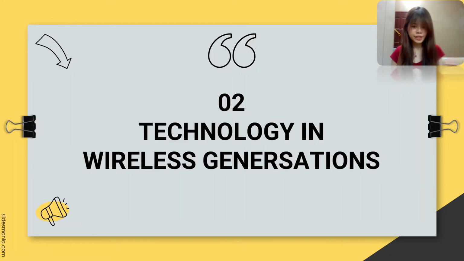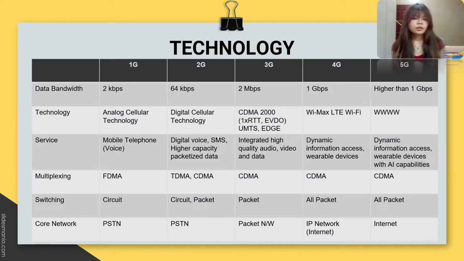Hello, madam. I'm James, and now I would like to present the second part, technology in wireless generations. As we can see, all the details of technology used in wireless generations are shown in this table, which covers 1G, 2G, 3G, 4G, and 5G.